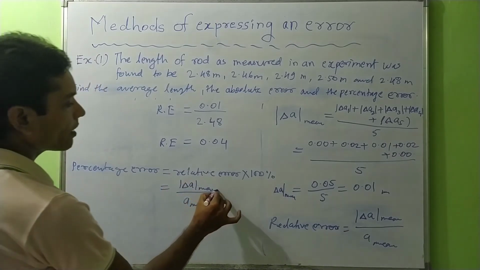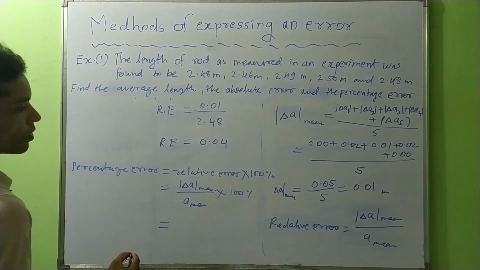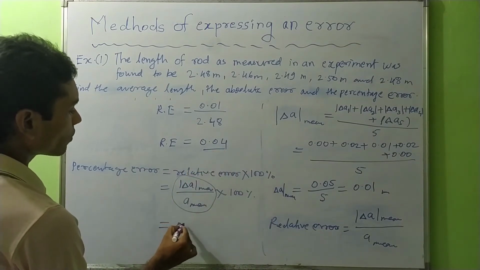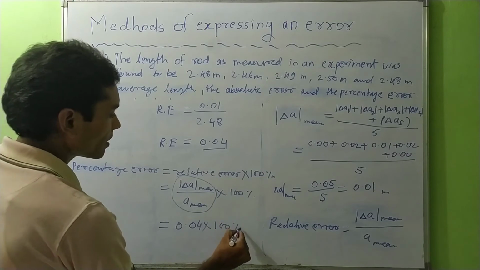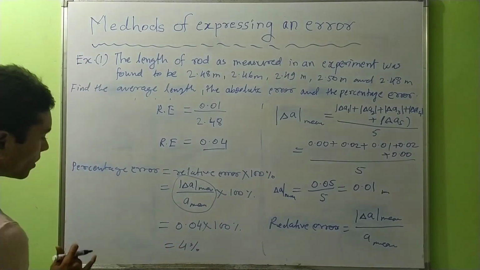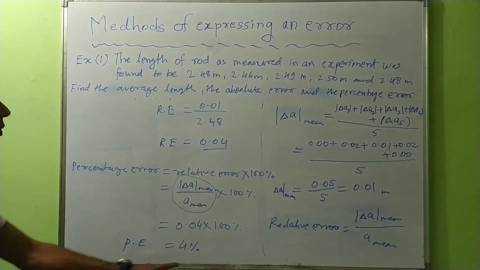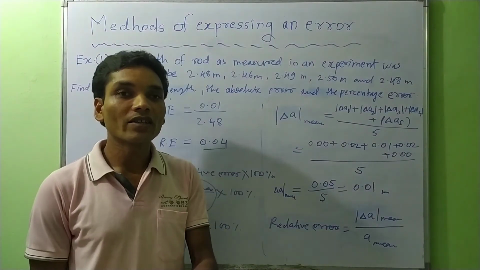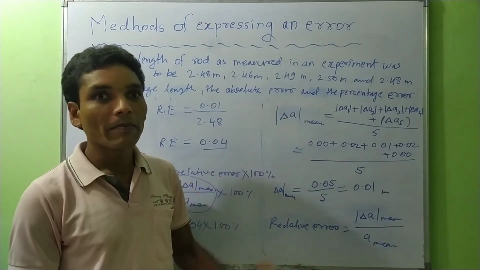So the value of relative error is 0.04, into 100%, so it will be equal to 4%. So percentage error equals 4%.